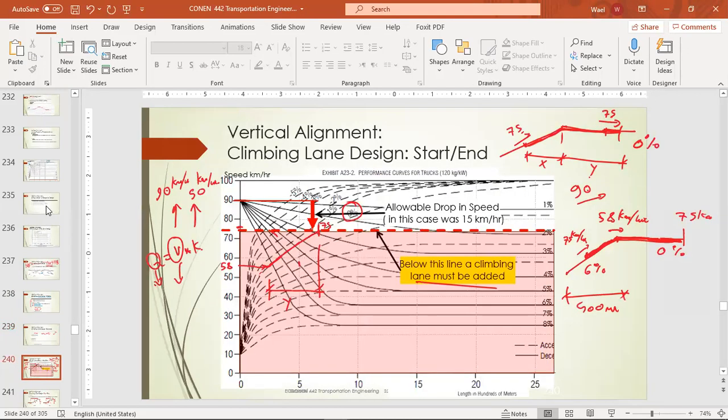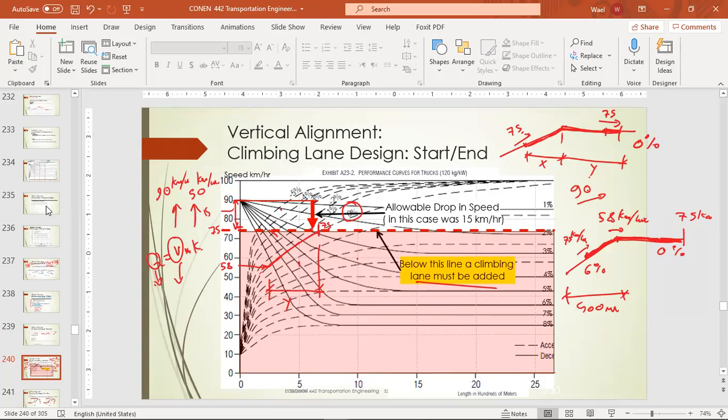That was an example, and that's a chart we are demonstrating here: under this line, which is 75 kilometers per hour, this corresponds to a drop of 15 kilometers per hour in speed. Under this red line, in this area, we need to have a climbing lane.